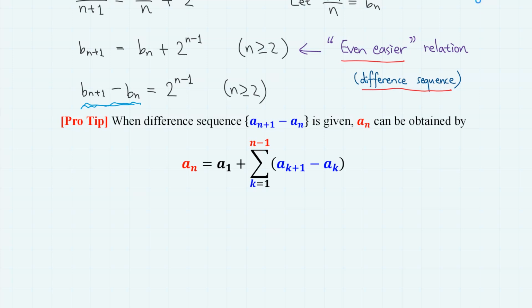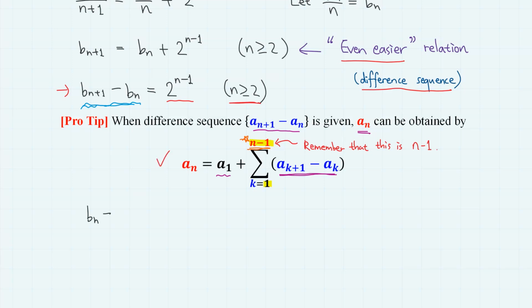When the difference sequence a(n+1) minus an is given, the general term an can be obtained by the first term a1 plus the summation of the difference sequence a(k+1) minus ak, where k goes from 1 to n minus 1. It is important to remember that the summation only goes up to n minus 1 and not n. But in our case, this expression for the difference sequence applies for n greater than or equal to 2, so we need to tweak this formula a little bit.